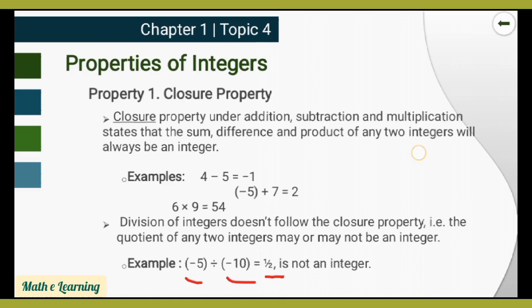And we know that 1/2 is not an integer, right? So this property does not apply to division of integers. It applies to only addition, subtraction and multiplication.